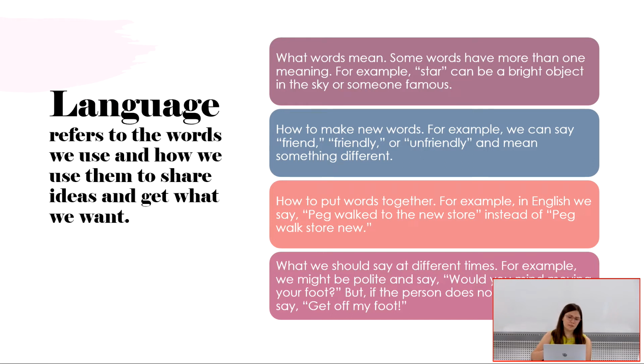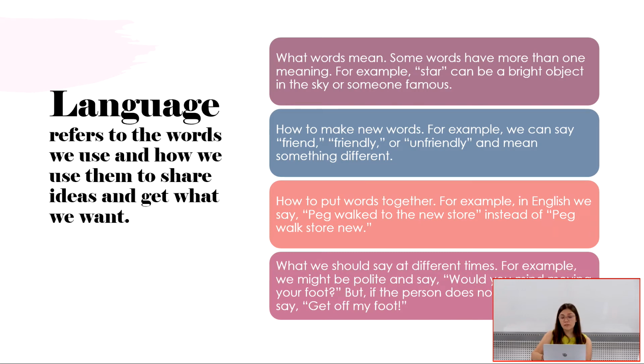Language is a little bit of an abstract concept in that sense. And when you know a language, you know how to make new words. For example, in order to be able to say friend, friendly, unfriendly, or make new words, we need to know the rules that make a new word in the specific language.